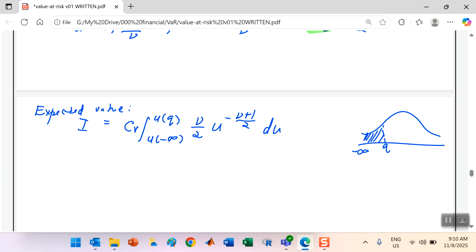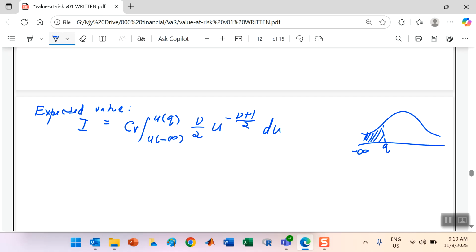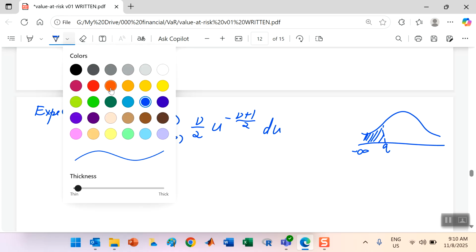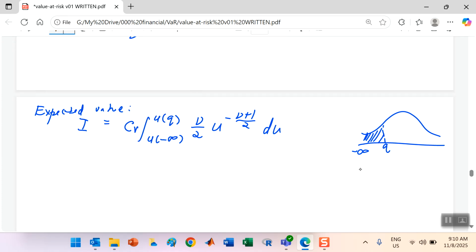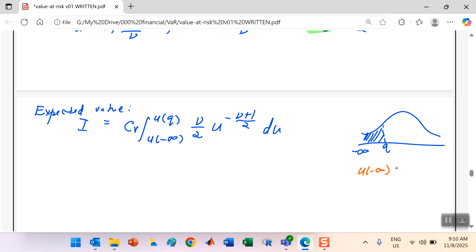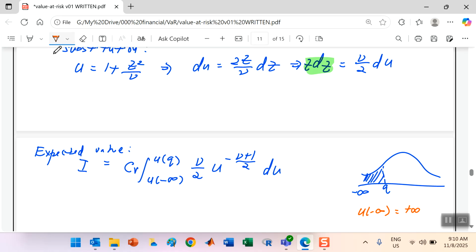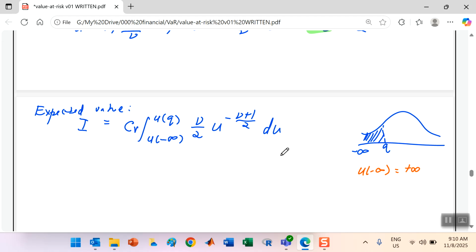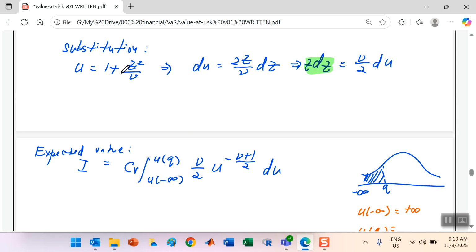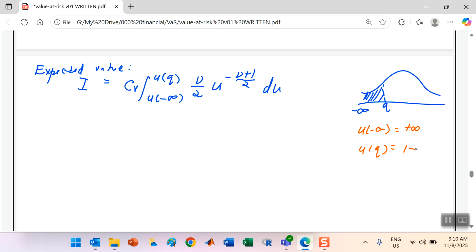Obviously, if z goes to infinity, then u will be positive infinity, because you have a square here, so it is always positive infinity. When z is q, then this goes back to 1 + q²/μ.